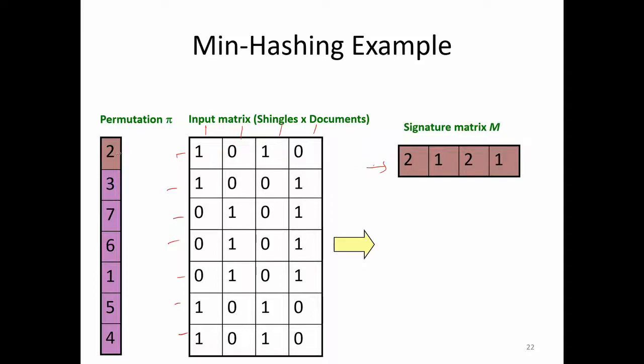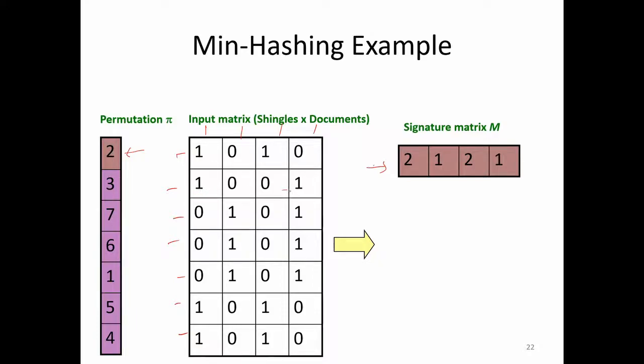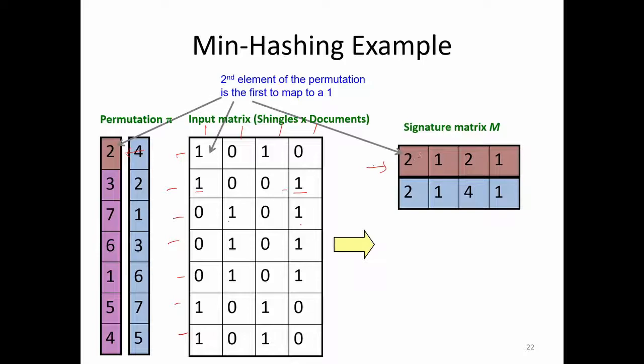So you first see 2. The first row in the permutation is 2. In 2 you see that the first document and the last document have a 1, so you put 1 and 1 here.